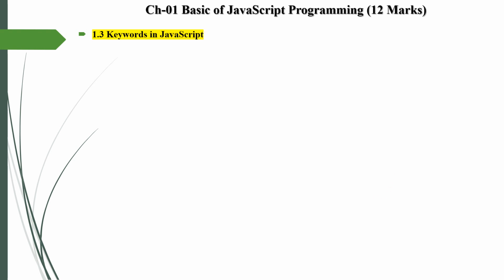Then next we see keywords in JavaScript. Keywords is also one concept we see in many subjects. Keywords are the words which are already known to the compiler, and these words have some fixed meaning. So there are also some keywords in JavaScript.